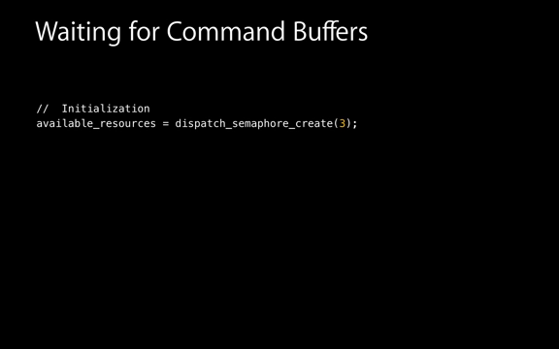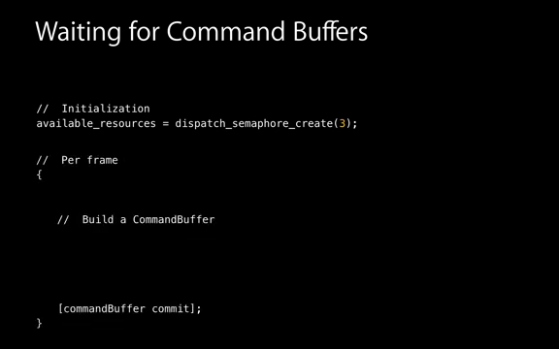I'm going to do this with dispatch semaphores, which are a common low-level synchronization primitive on iOS. For this example, I'm going to have a pool of 3 uniform buffers I've created, so I'm going to create a dispatch semaphore with a count of 3. I'm going to add my common command buffer loop. I'm going to build a command buffer, and I'm going to send it to the GPU.